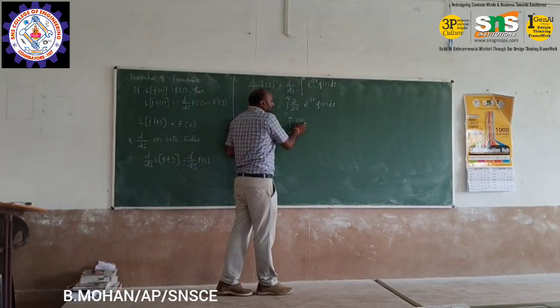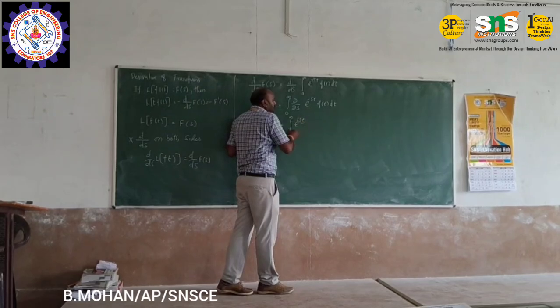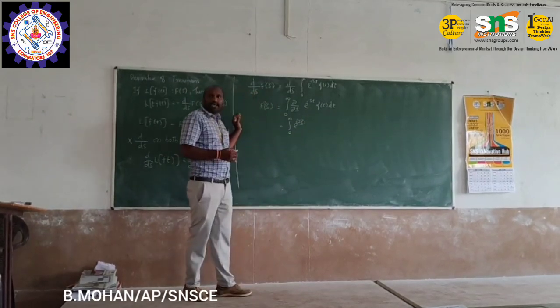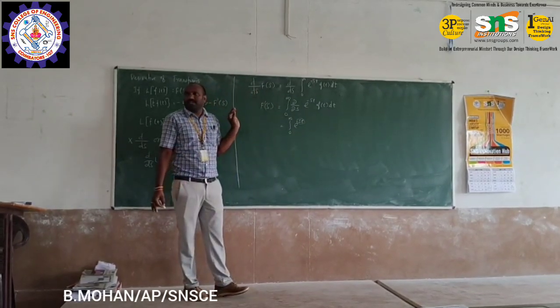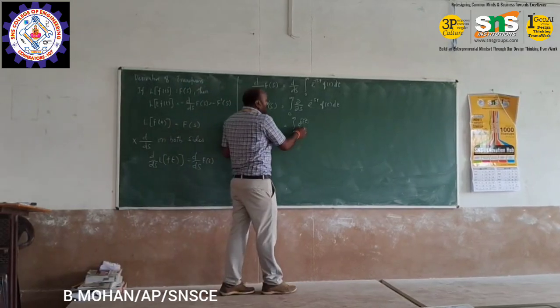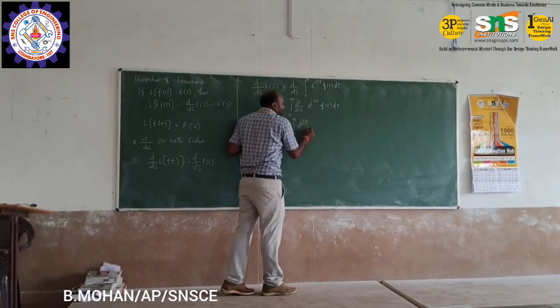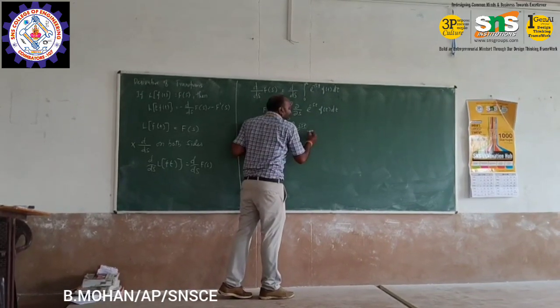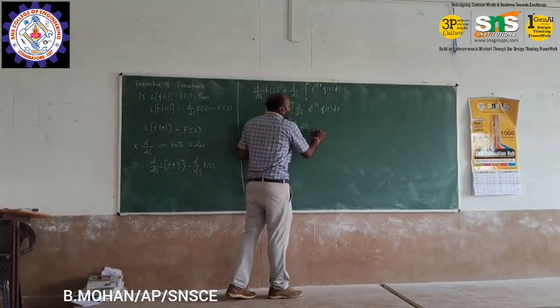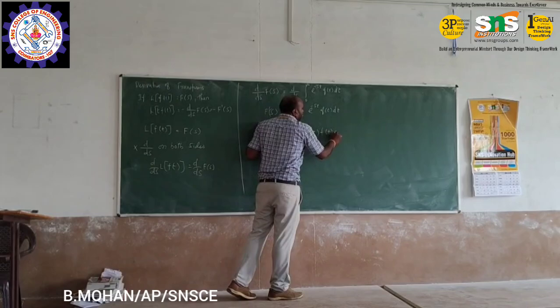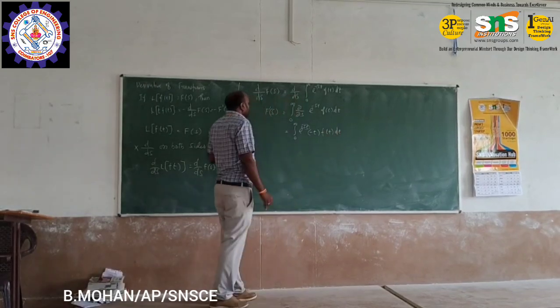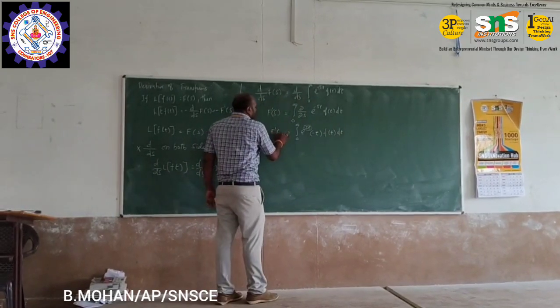The differentiation of e power minus st is e power minus st, and the differentiation of minus st is minus t. Then f of t dt. Then F dash of s.